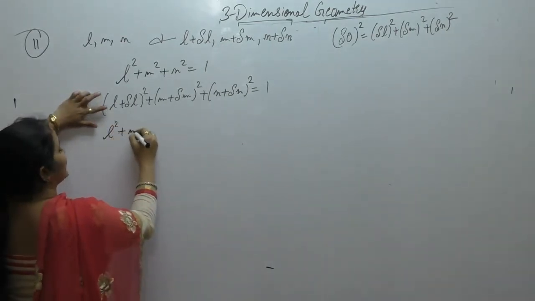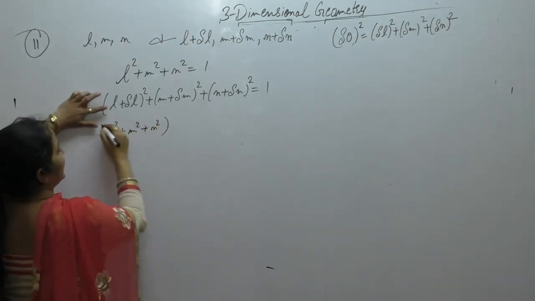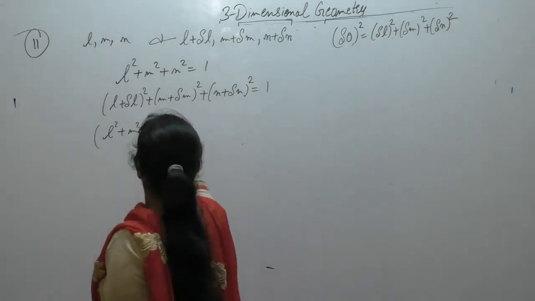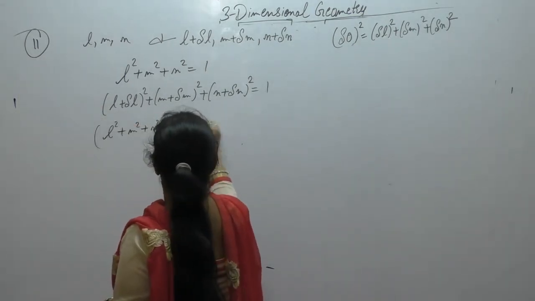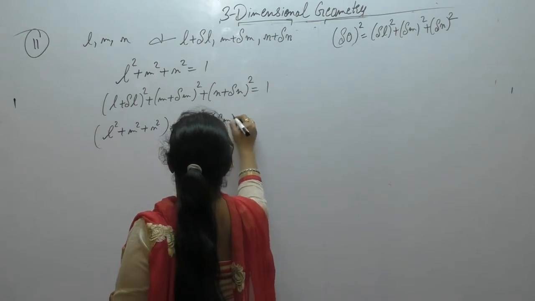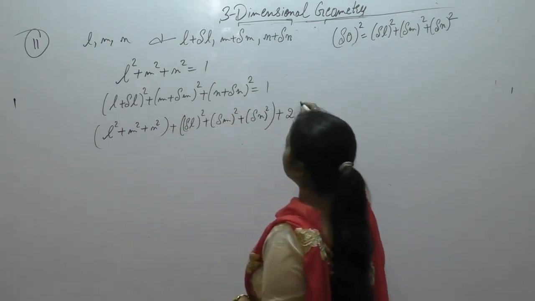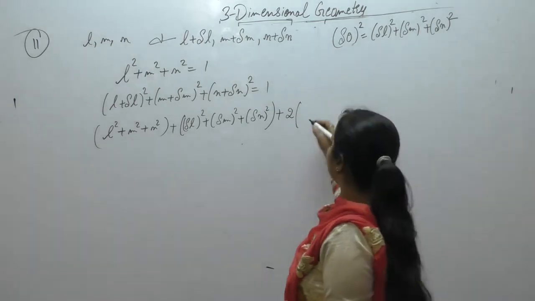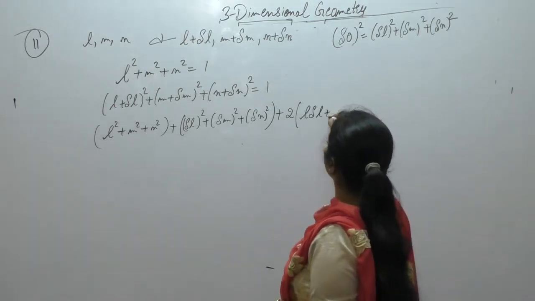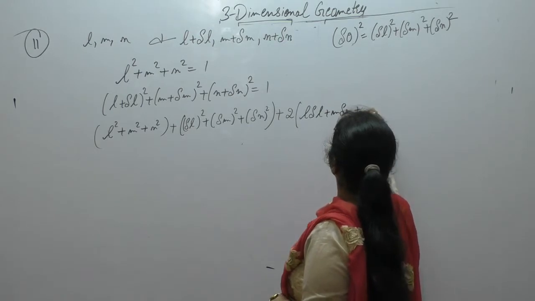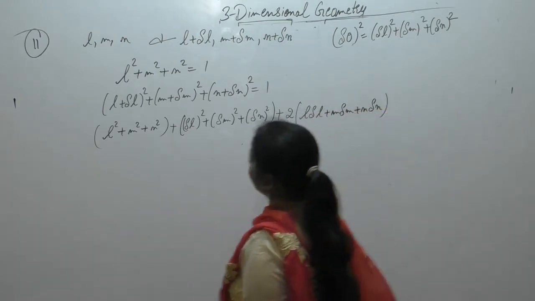We can write it as a square plus b square: delta l square, delta m square, delta n square plus 2ab: l into delta l, m into delta m and n into delta n.